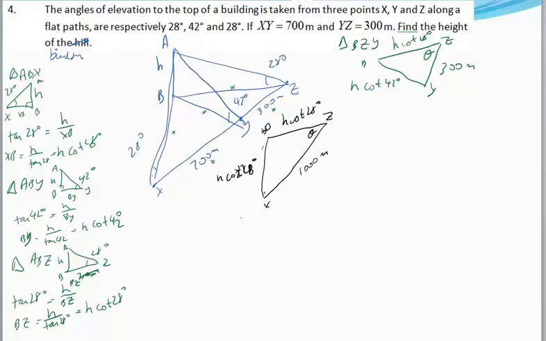So we have 3 sides and we're going to find an angle. We'll go back to our triangle here.